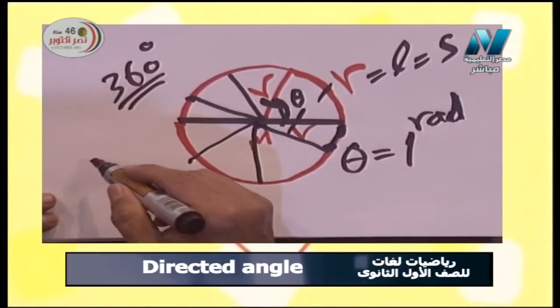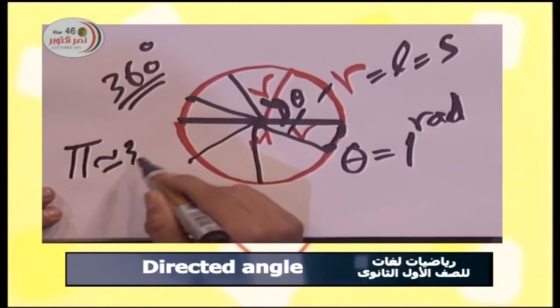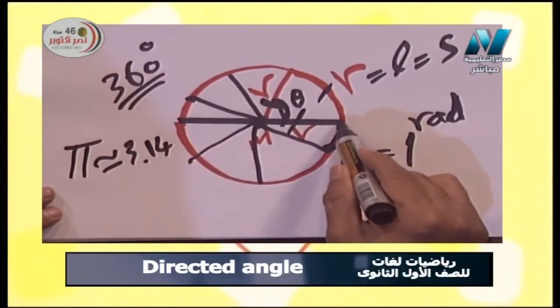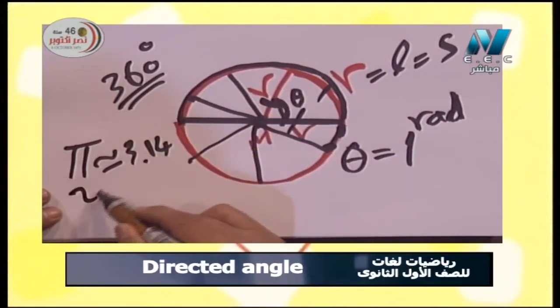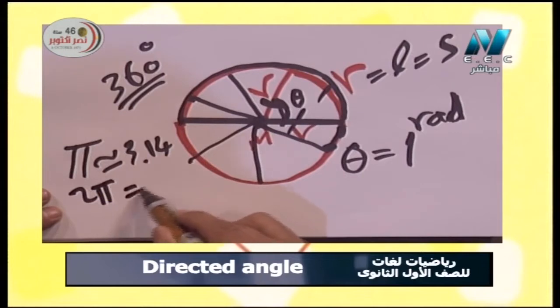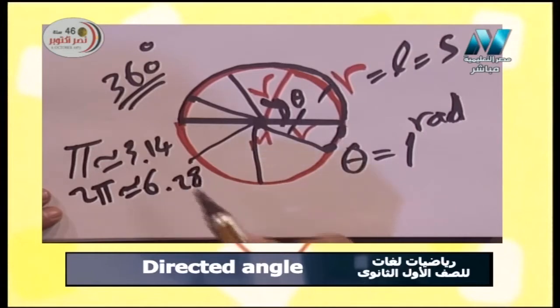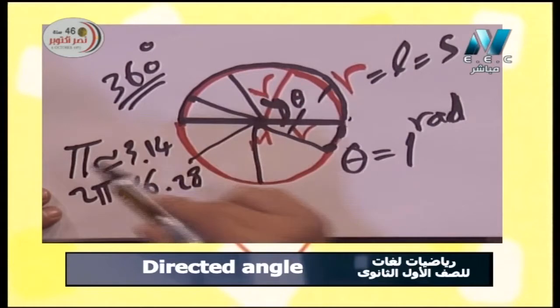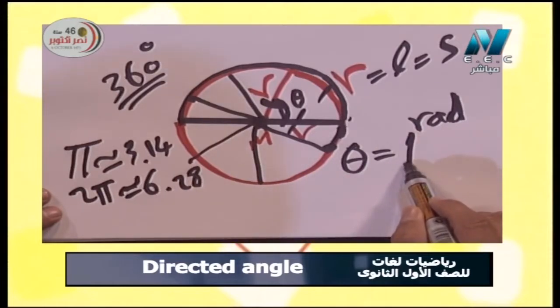We know that pi approximately equals 3.14, which is a half circle in radian measure, and 2 pi will be approximately 6.28 rad. So a half circle equals pi in rad, and the circle equals 2 pi in rad, which is about 6.28, using the radian as the unit.